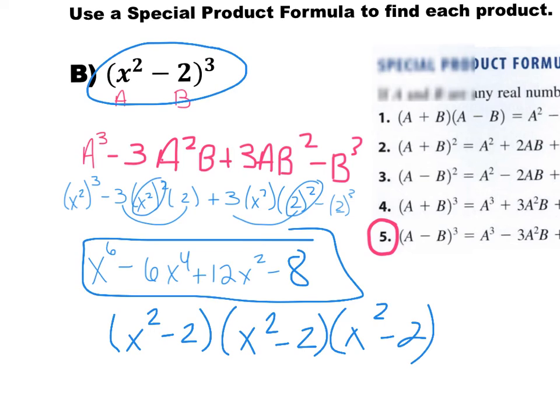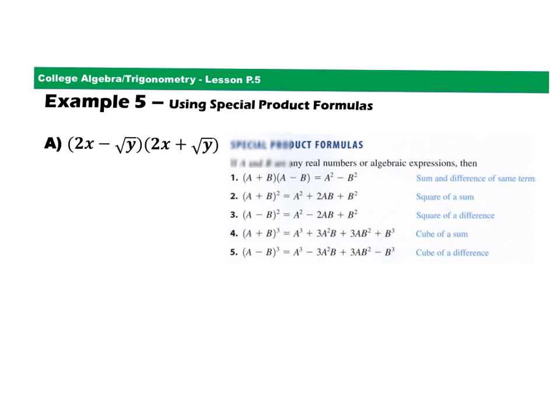When you have something squared, it's easy to just write it twice and FOIL it. But when you get up to cubes and stuff like that, doing this could get messy. So if you just work through the patterns, it's not that bad at all. I know it seems like a lot.